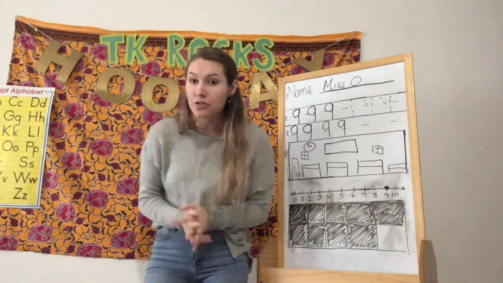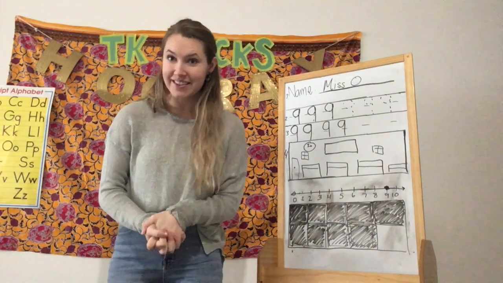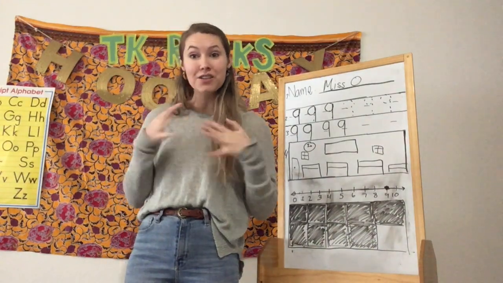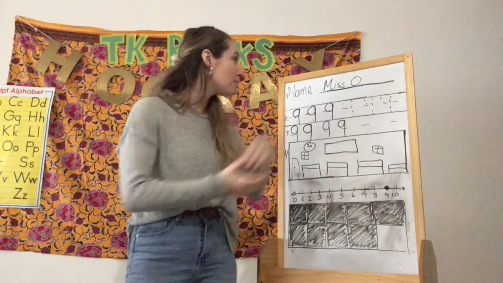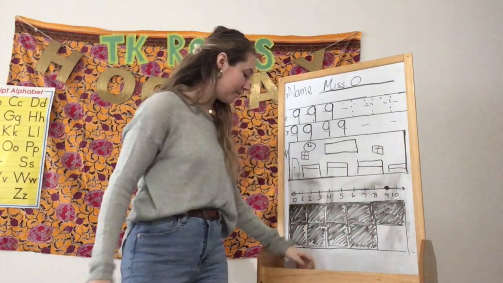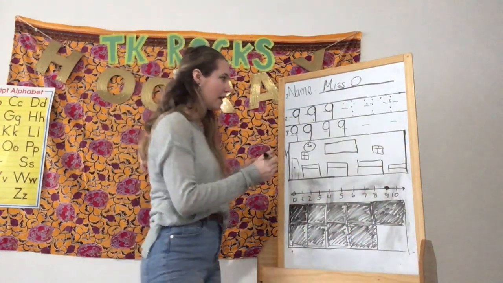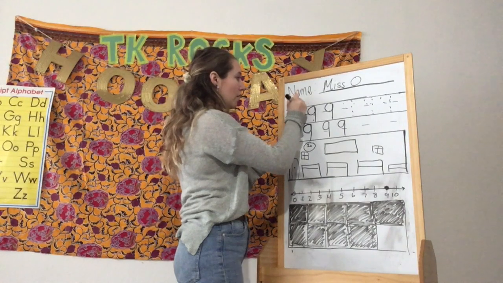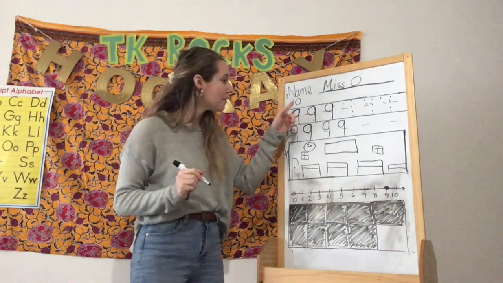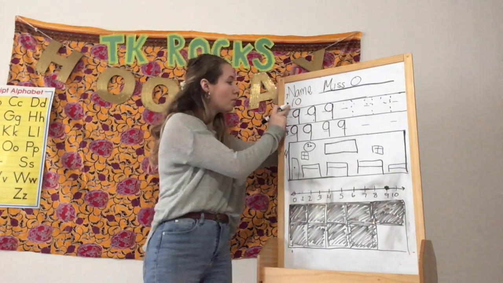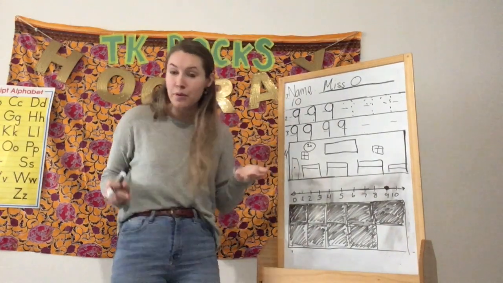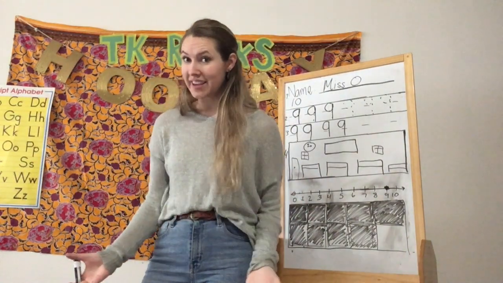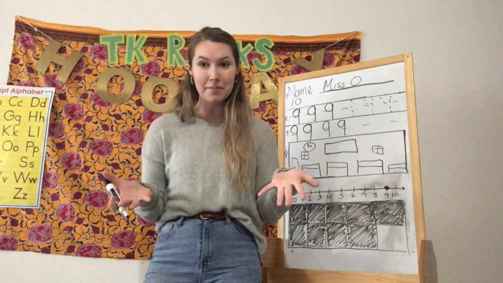Now, I also want you guys to do your 10 page. I really want you to try and do it by yourself, because we've practiced all the way up to 9. And if you remember the number 10 here, we already know how to write both of these numbers that are in 10, a 1 and a 0, because we already did our 0 and our 1 page. So you already know how to write the number 10.